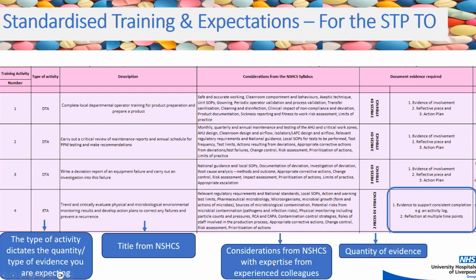Here you have the column where you have the considerations from the National School website. So on the curriculum library on the National School website, you have a breakdown of what is expected. Now, these would be decided by experts from your own specialisms, but then the reality versus the actual considerations can often differ, which is what different training officers were struggling with. So if you'd just like to go to the next slide, please.